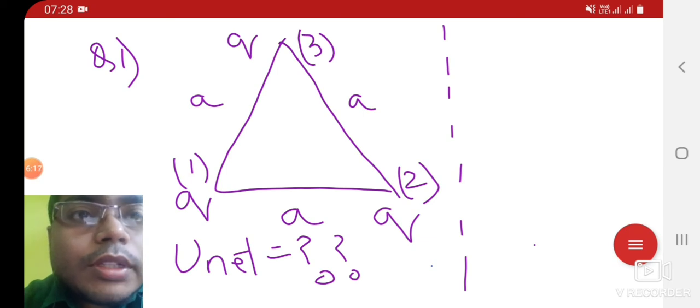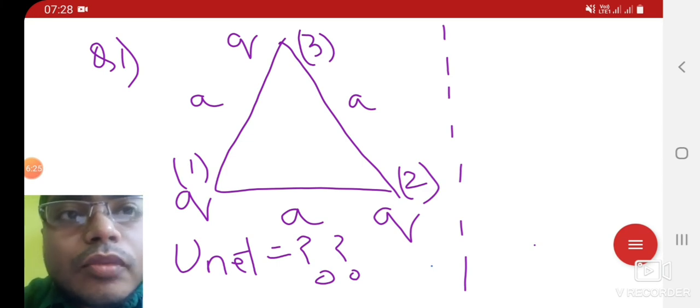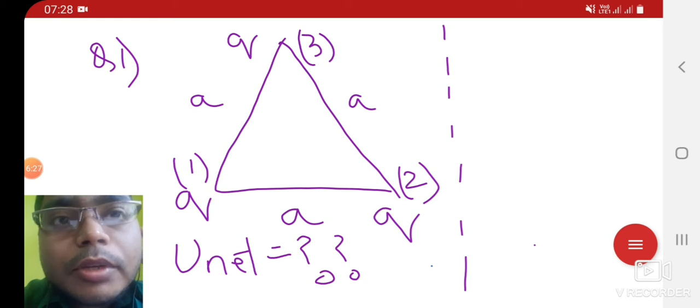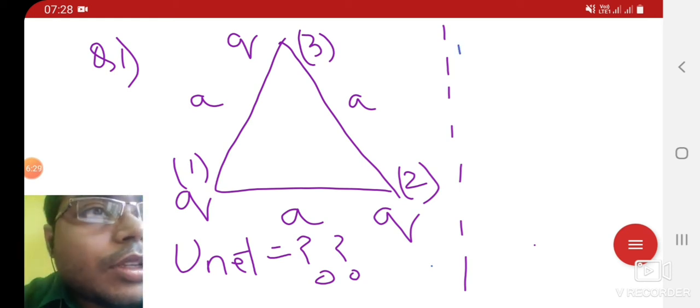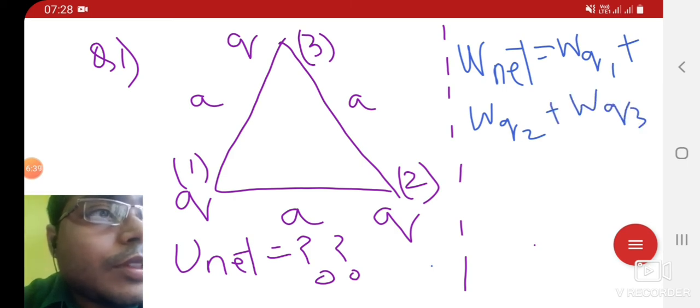Again, when we brought the charge q at position 3, there were already charges at positions 1 and 2, so we again have to do some work against the force of repulsion. So the net work done is W_q1 plus W_q2 plus W_q3.